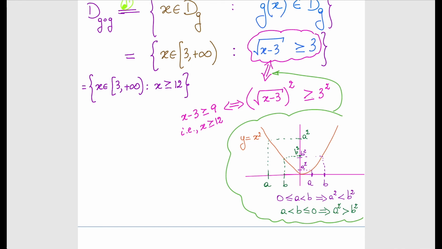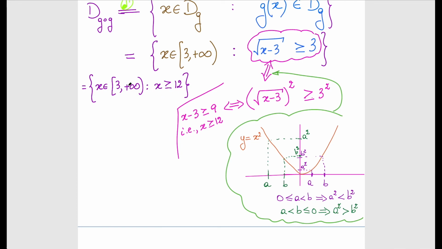Such that x is at least 12. Let's put a separator here. Okay. Alright, so now take a look. The domain of the G composed with G is the collection of all numbers that are from 3 onward such that they are from 12 onward.